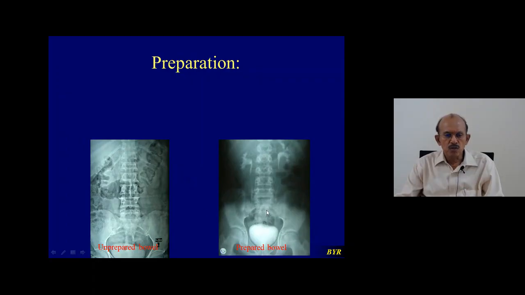You look at these two films. These two are intravenous pyelography films only. In this film, you are able to see the pelvis, the calyces, the ureters, the bladder very well. But in this one, you are seeing this black shadow here, and another black shadow. These are nothing but colon shadows, air in the colon.